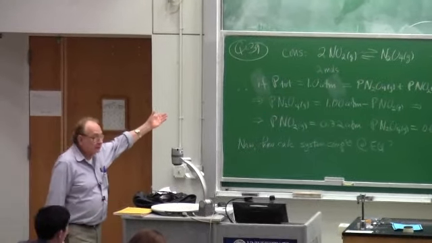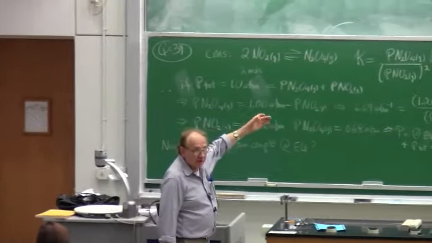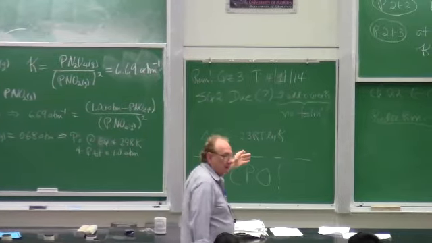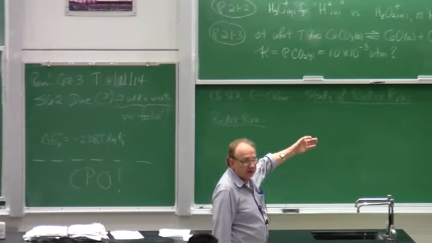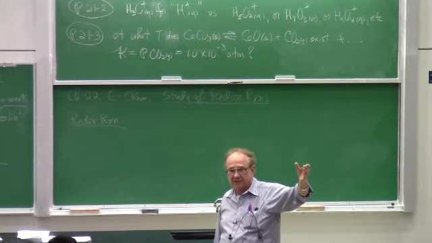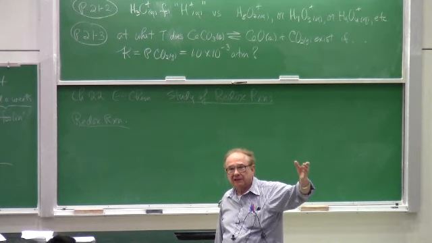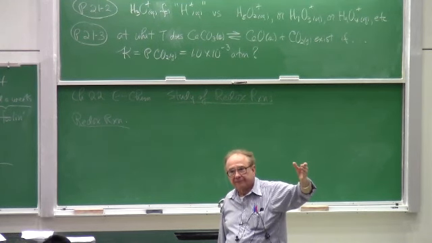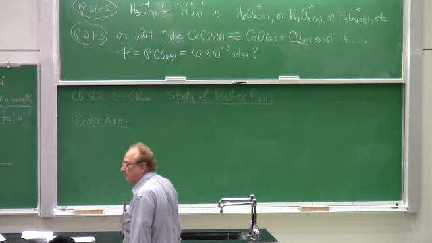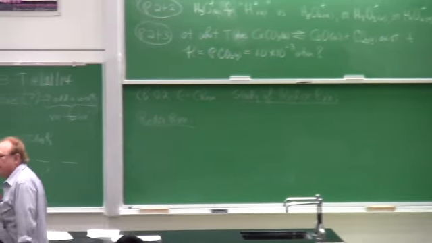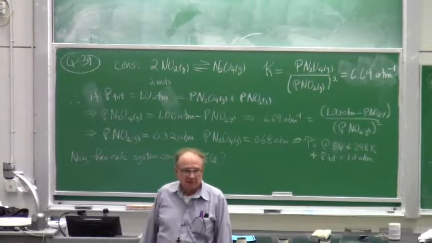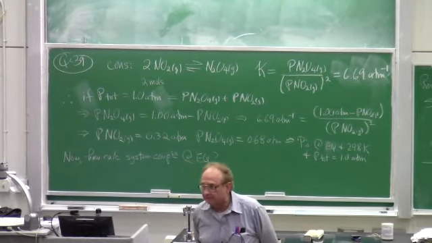So after we start with 2 moles of NO2, and initially no moles of N2O4, we already realized that what will happen is a good number of the NO2 molecules will get together, react with each other, dimerize, and become N2O4 molecules. So, when equilibrium is established, how many moles of NO2 molecules will remain, and how many moles of N2O4 molecules will form? Can we get at this with PV equals nRT?